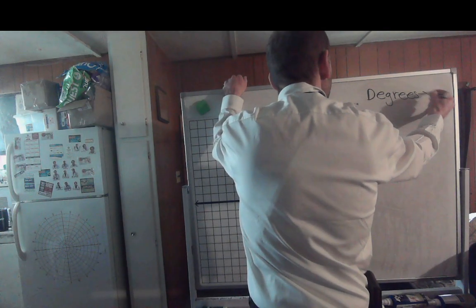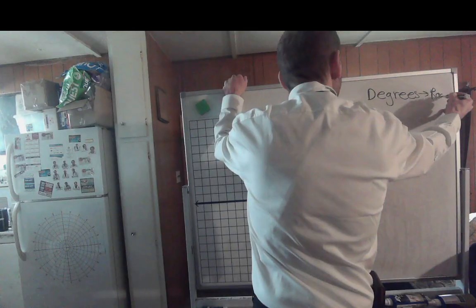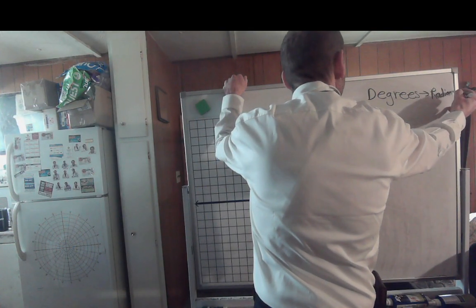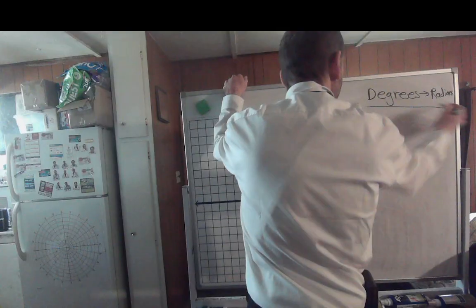So where am I going with this? If you want to convert degrees to radians, we're going to convert degrees to radians because you need to be familiar with both.